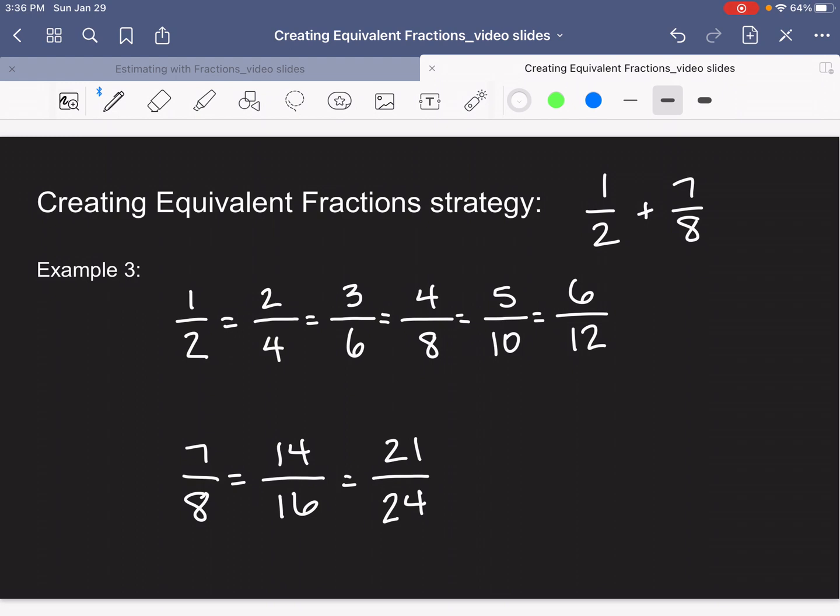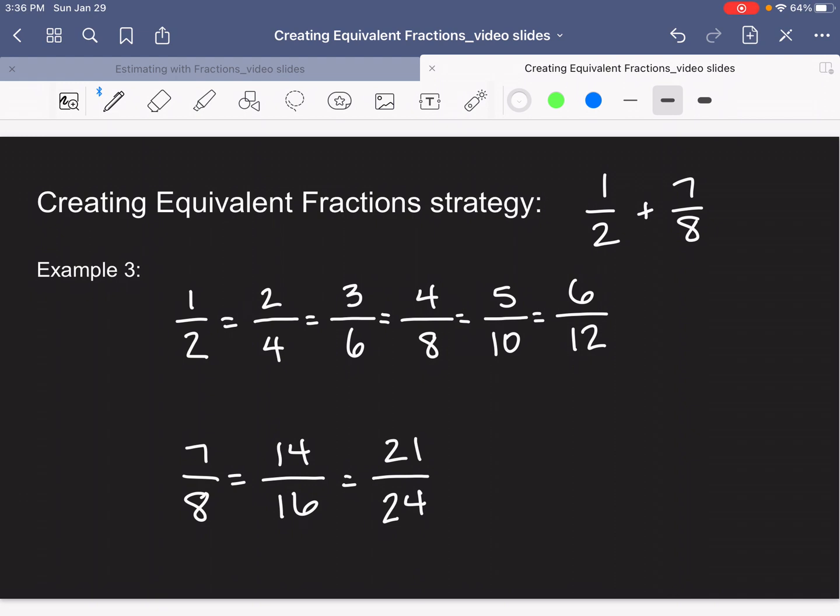Now, as you can see, I have a bunch of fractions that look a little daunting, but my ultimate goal is I want to find the two denominators that match in both lists. So I'm going to compare the two lists, and I'm looking for denominators that match.